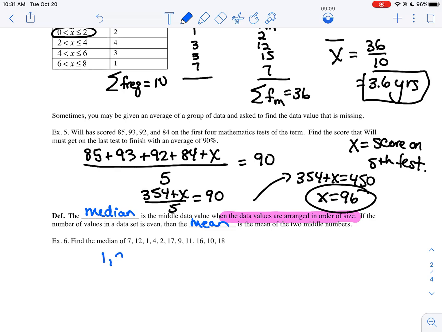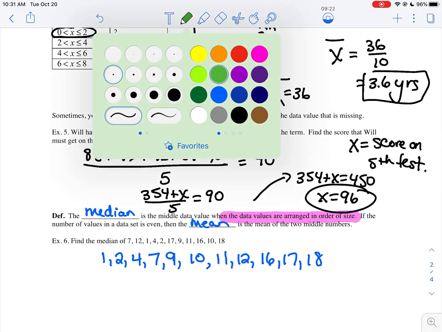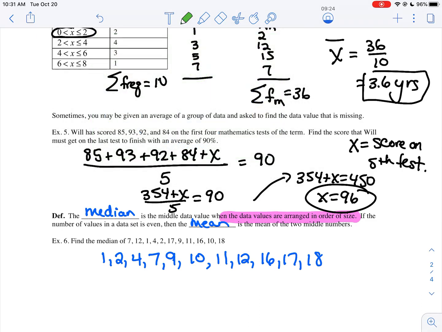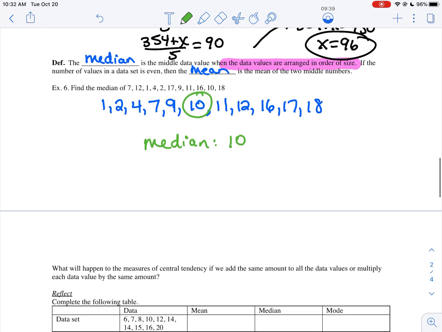I'm going to go 1, 2, 4, 7, 9, 10, 11, 12, 16, 17, 18. I personally just count in 1, 2, 3, 4, 5, and then the 10 is in the middle. So if it's an odd number of data, then the median is the middle. If you have an even number, then you take the 2 middle ones and take their average.